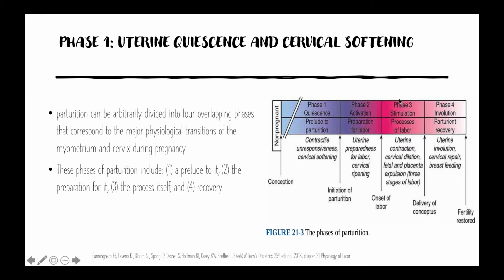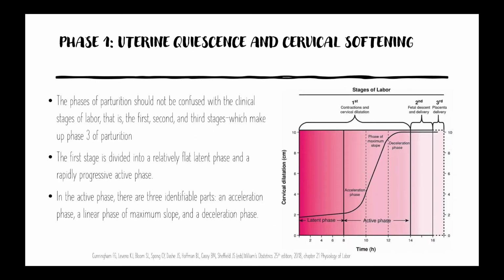Phase 3 is the process itself, or the process of labor, and phase 4 is the recovery. So the phases of parturition should not be confused with the clinical stages of labor, that is the first, second, and the third stages, which make up phase 3 of parturition. So all 3 stages of labor are in phase 3 of parturition.